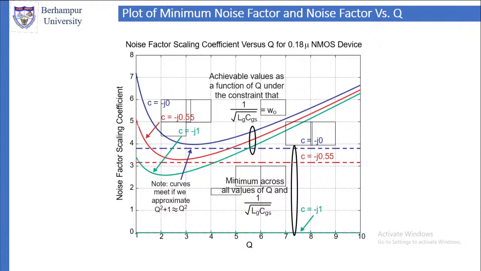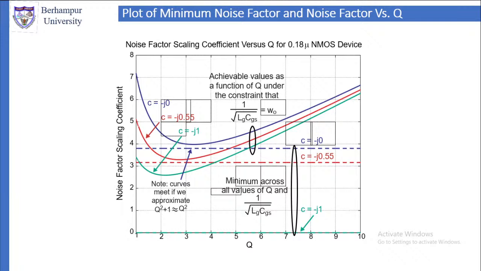The noise factor also dips, so the noise factor scaling coefficient goes down as C increases. That you can see. So these are achievable values as a function of Q under the constraint that omega 0 is equal to 1 upon root over of Lg into Cg. This is the main part.